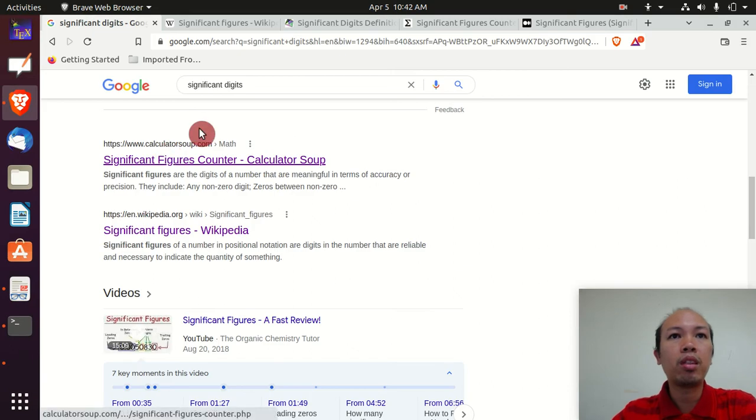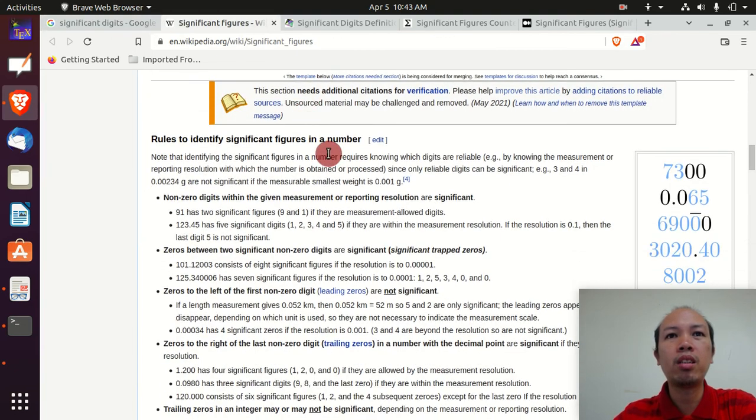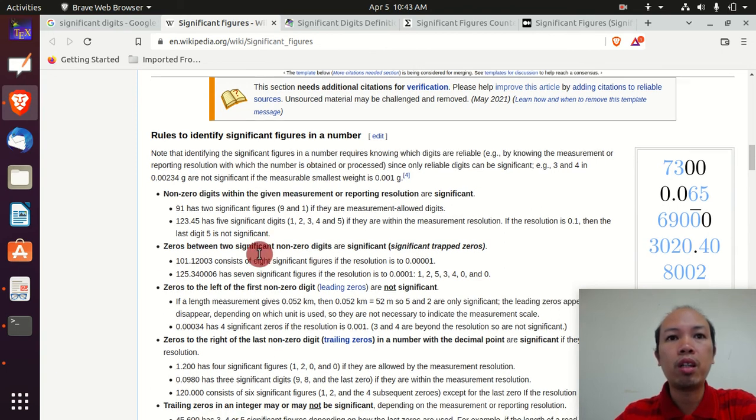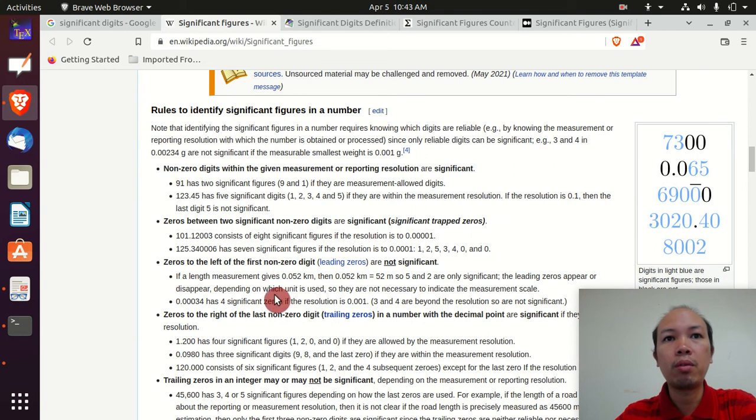Let's go to the Google browser. I searched what we mean by significant digits. This is the same as in your high school mathematics. You can open Wikipedia. As you can see here, there are some rules to identify significant figures or digits in a number. I know that you are very familiar with these rules.